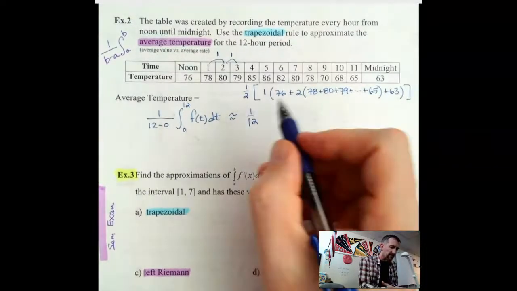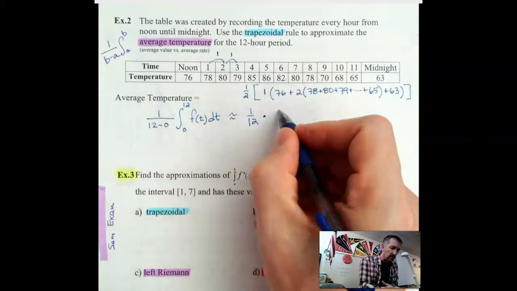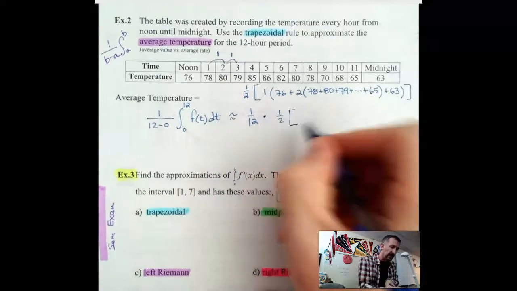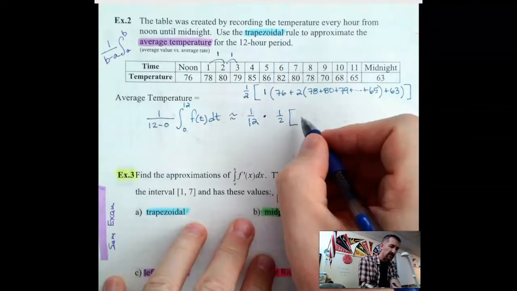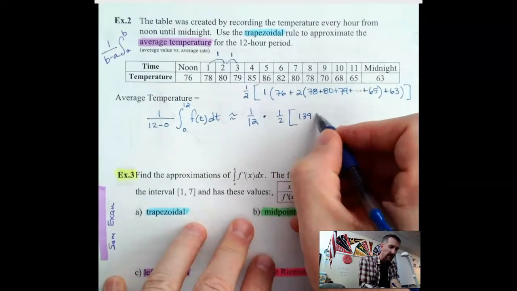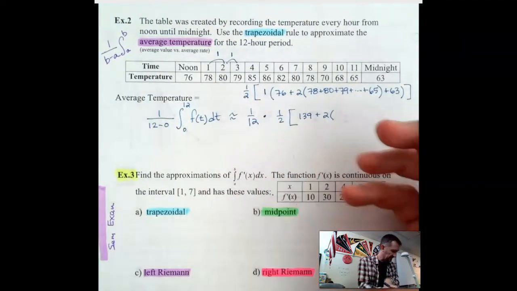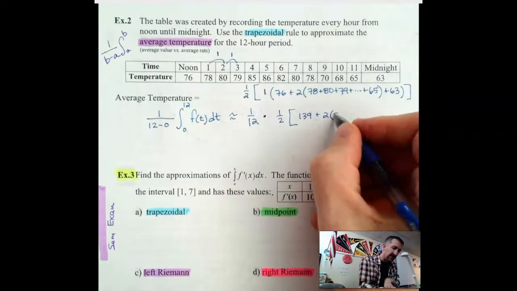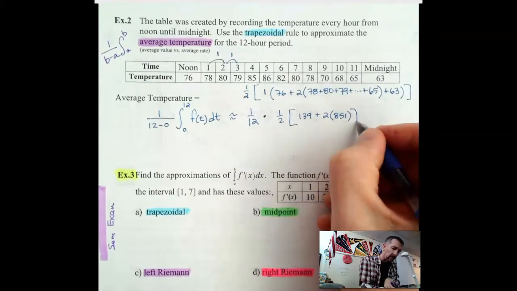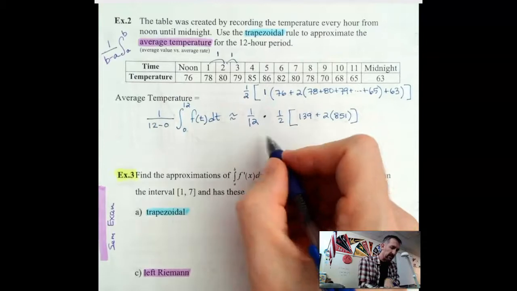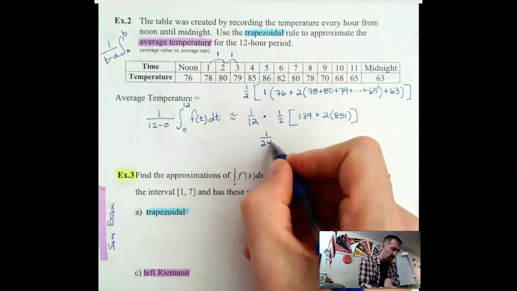So let's see, that's going to be 1/2, and then if we add the 2 single bases together, that's 139, and then 2 times, if we add all those numbers up from 78 to 65, we get 851. So if we multiply these together, that's going to be 1/24th.